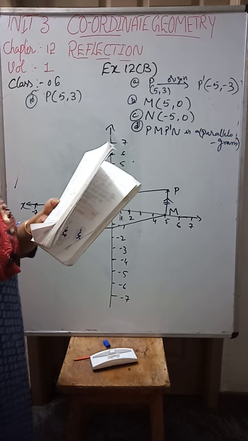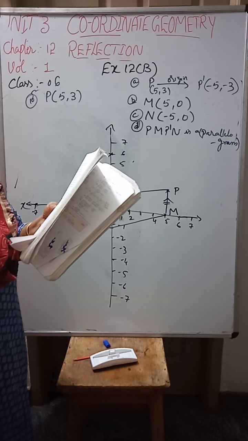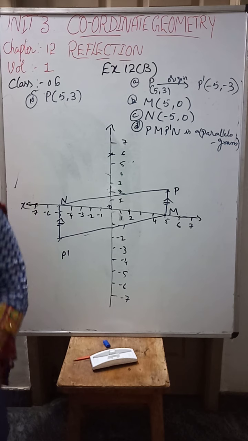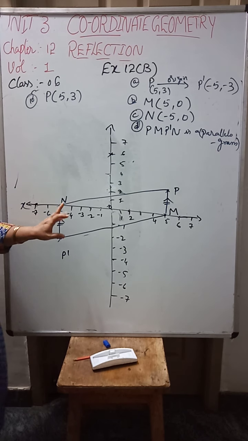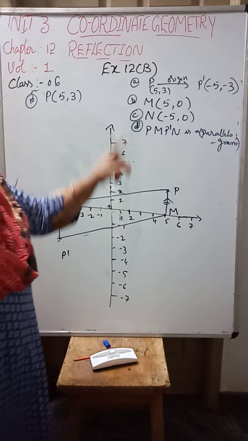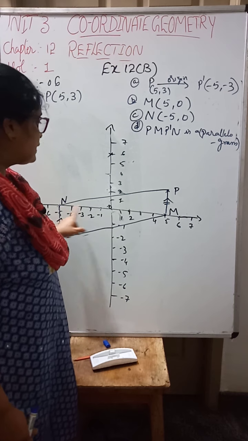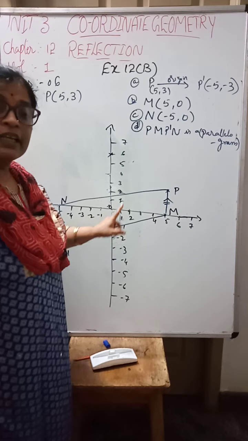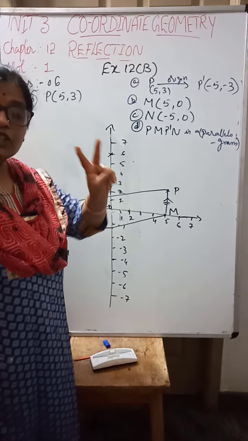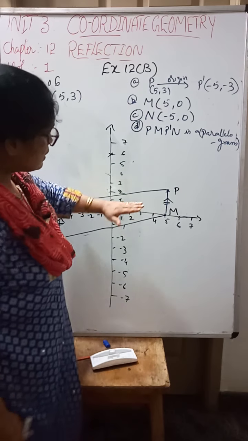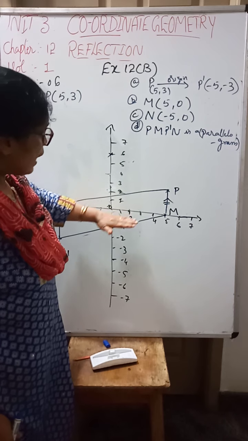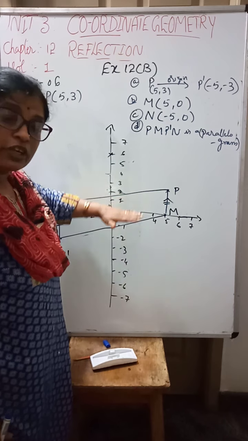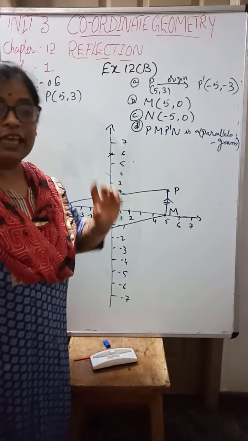Now find the area of the figure PMP dash N. Children, I have to explain this clearly. In a parallelogram, the diagonal, here the x-axis, acts as a diagonal. This diagonal divides the parallelogram into two equal triangles with equal area.